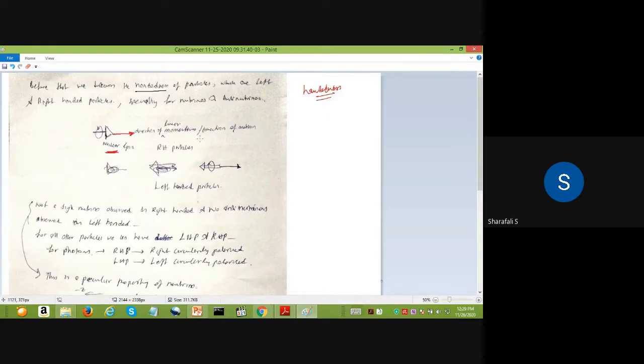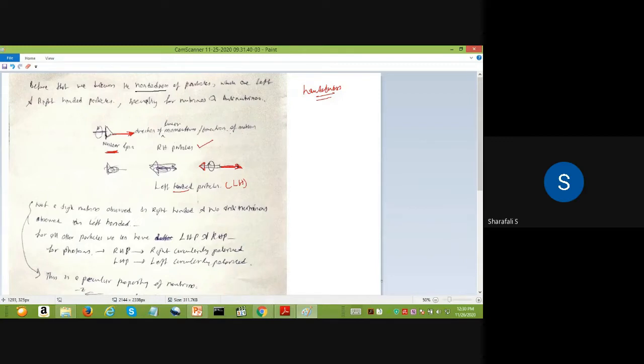If both the nuclear spin and the momentum direction are in the same direction, such particles are called right-handed particles. And if the momentum of the particle is in the opposite direction to the spin direction, such particles are called left-handed particles. So these are left-handed particles, these are right-handed particles.